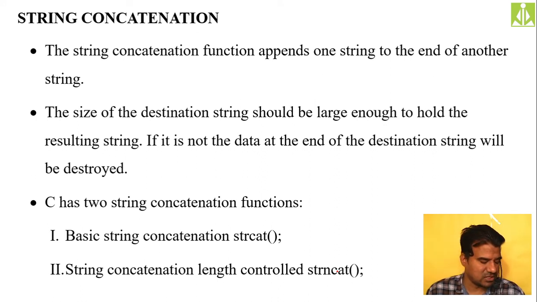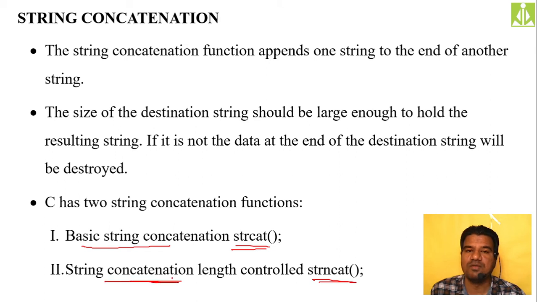Again, this concatenation we can perform in two different ways. Basic string concatenation, strcat. String concatenation, length controlled, strncat. You can see over here, strcat is the basic string concatenation function, and strncat is the string concatenation length controlled function.